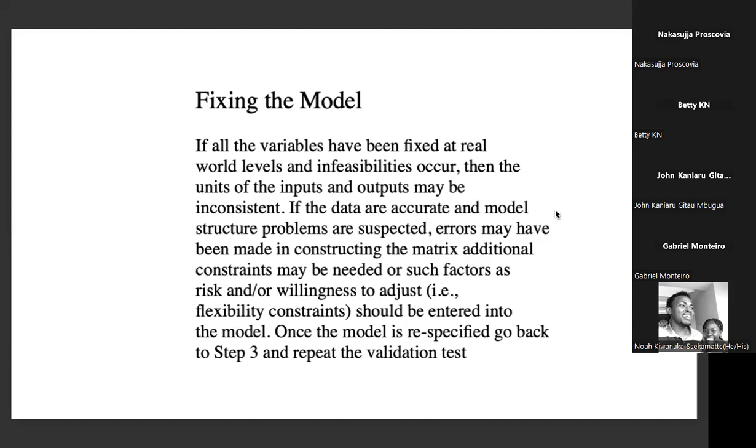It all depends. So you have to add in more factors into your model, and you re-specify the model. Once you do that, then you go back to step 3 in the previous section. You go back to step 3 and repeat the validation process.